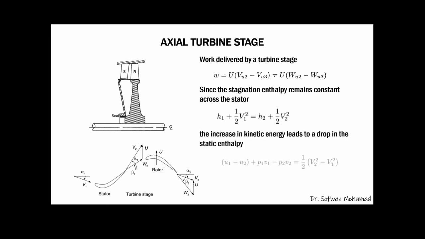And the increased kinetic energy leads to a drop in the static enthalpy. So the energy equation can be written using this expression as well: U1 minus U2 plus P1V1 minus P2V2, which also equals the kinetic energy change, 1 over 2 times (V2 squared minus V1 squared).